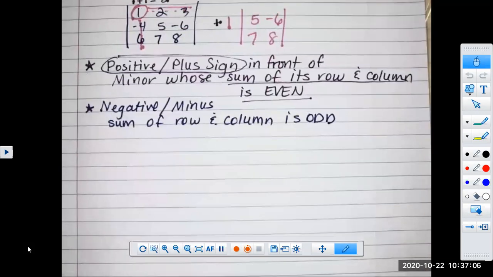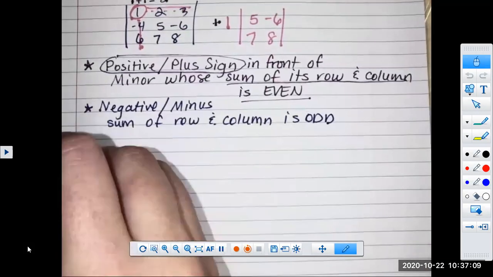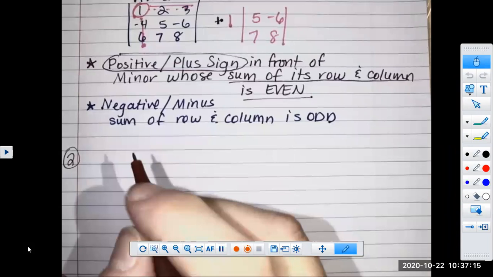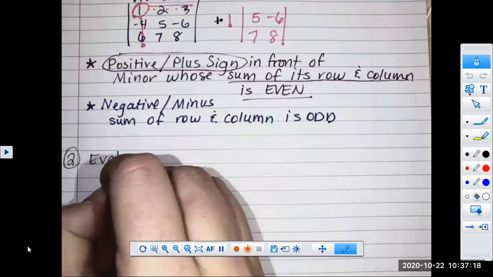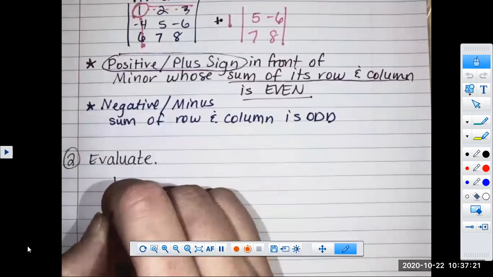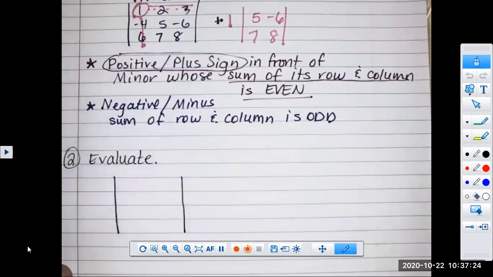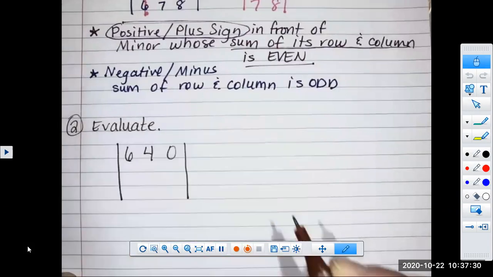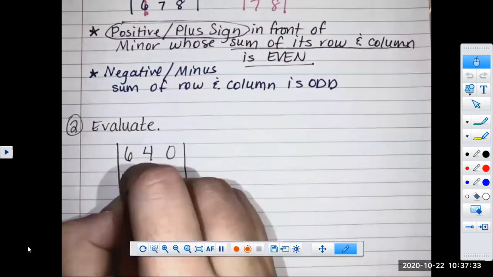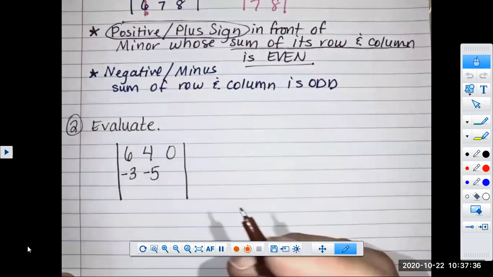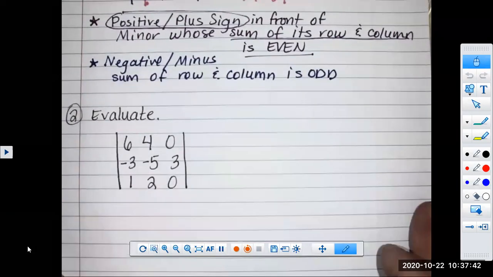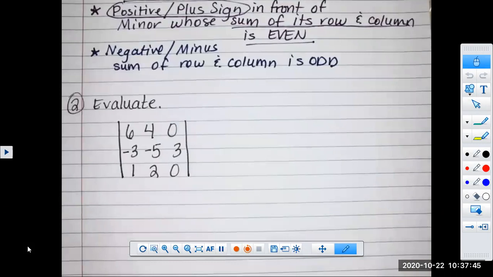Okay, so let's look at one that is a 3x3, and we're going to expand it by minors. All right, so your steps.